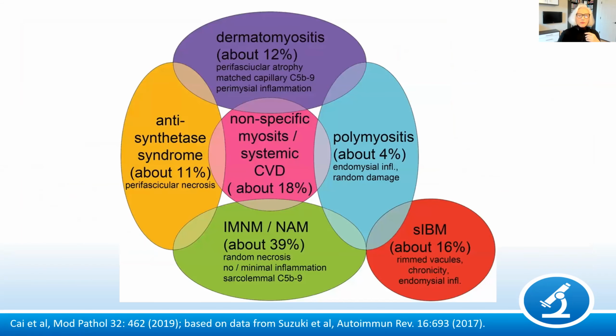So this is a nice figure from the paper by Dr. Hunter Kai and collaborators, and they plotted the data that actually come from a different paper, by Suzuki, published in 2017, which was one of the larger studies that contributed to this reconceptualization of these categories.